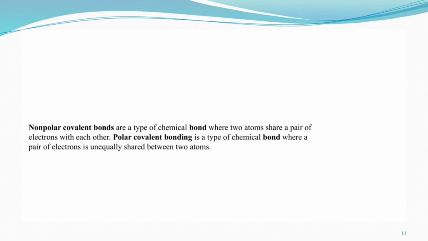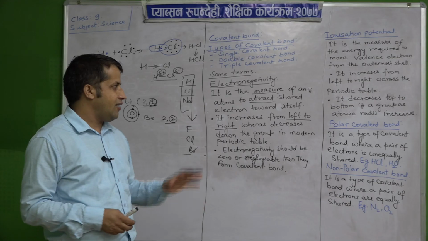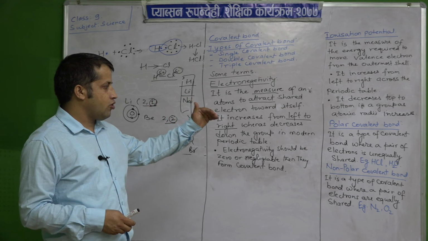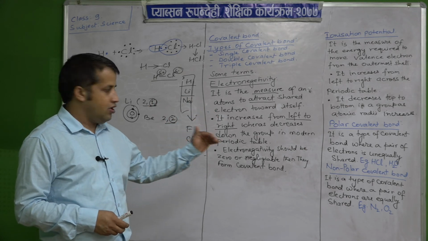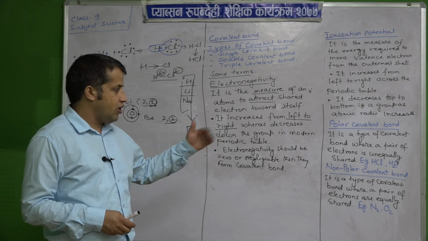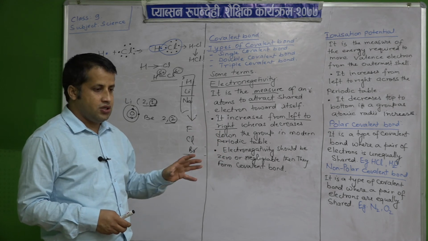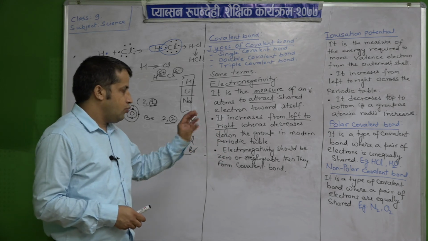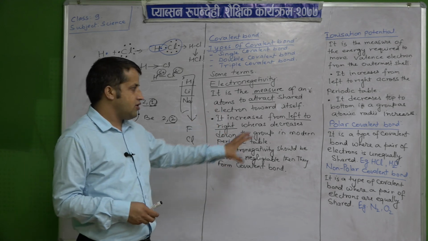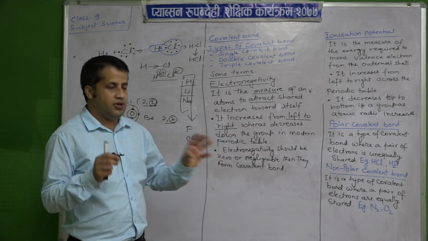Equally shared, I have told about oxygen and nitrogen, and unequally shared, HCl and H2O. So, we have described the polar covalent bond or compound as well as the non-polar covalent bond or compound. This is the topic we have come across in this syllabus.